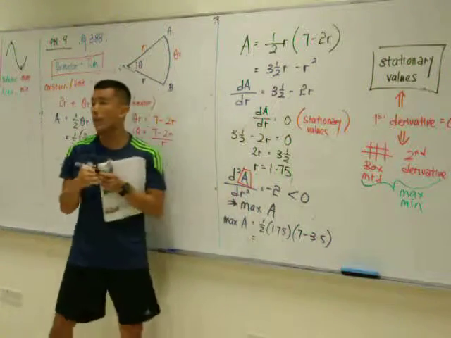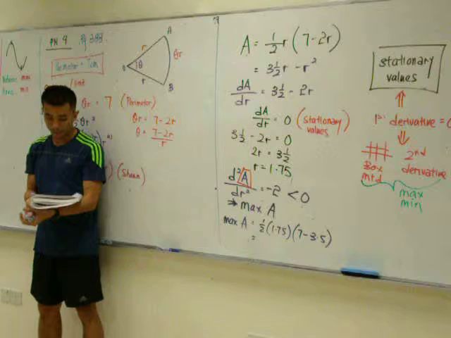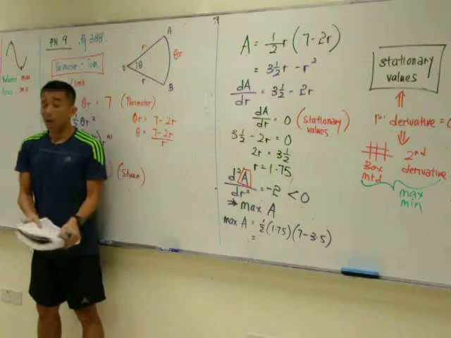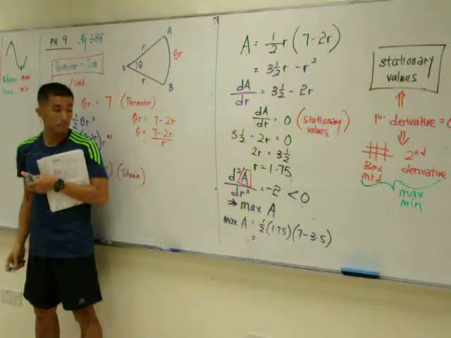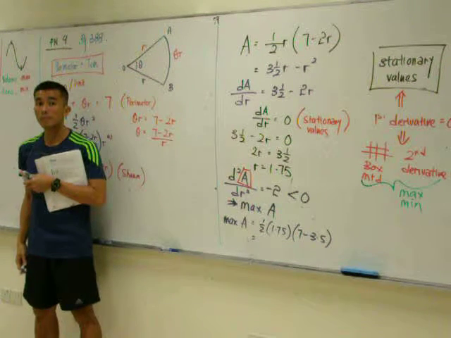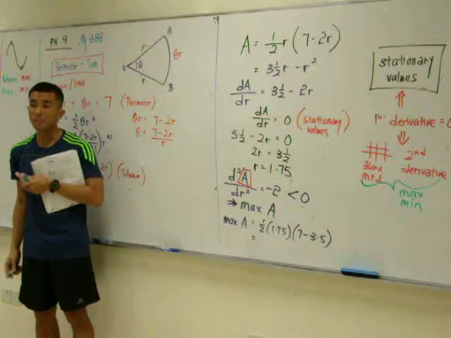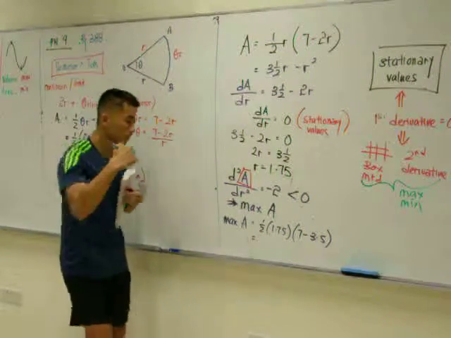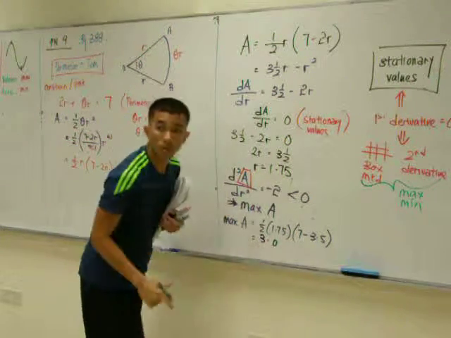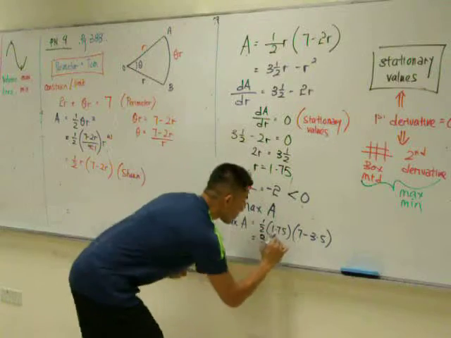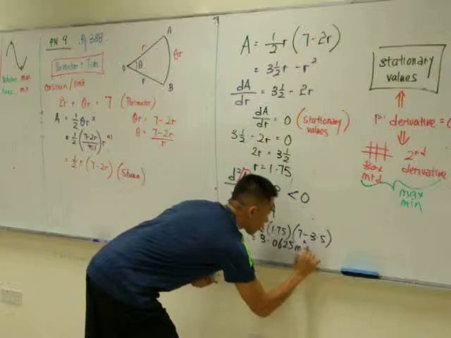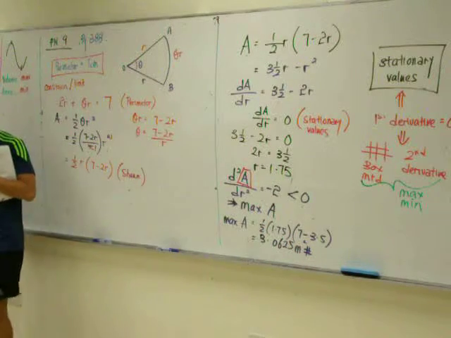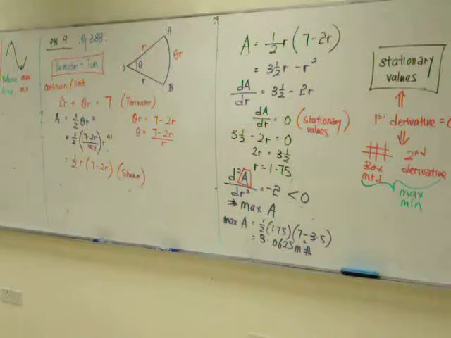Now, can you help me press the calculator? What is the answer over here? What is it? 3.0. Exactly. Okay, and this is how a full question will look like.